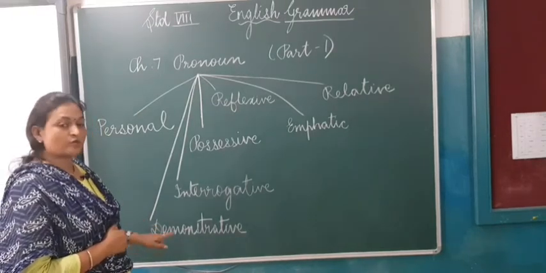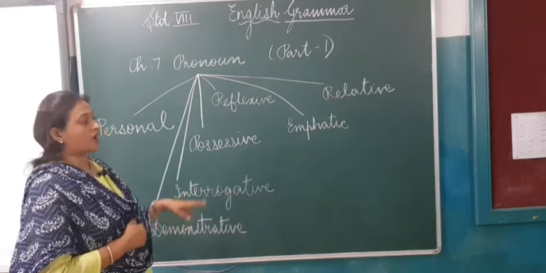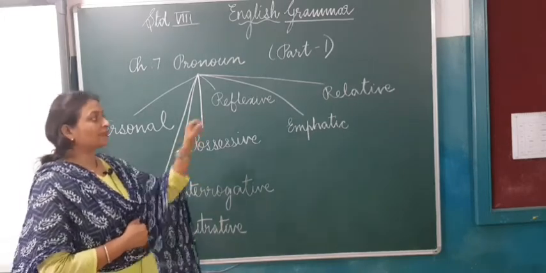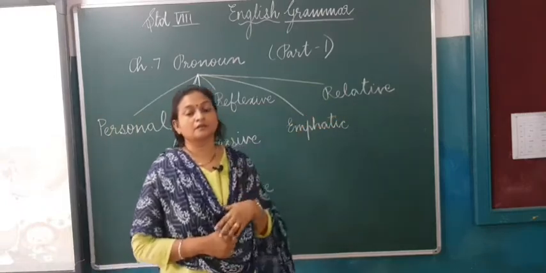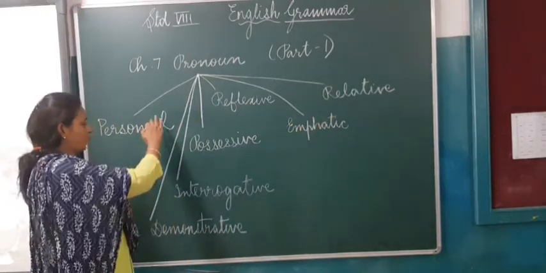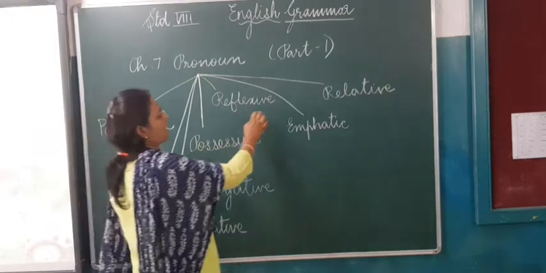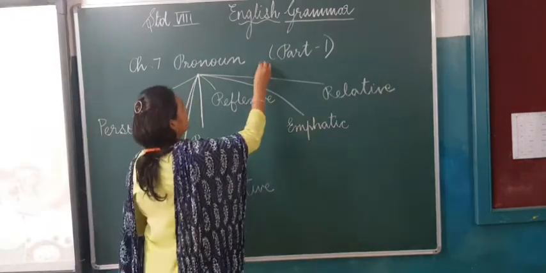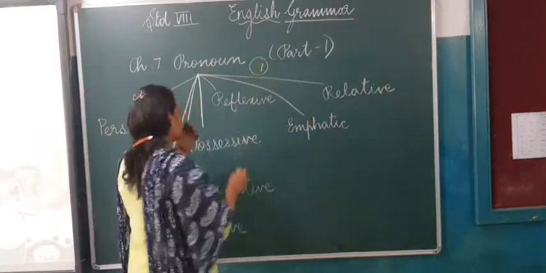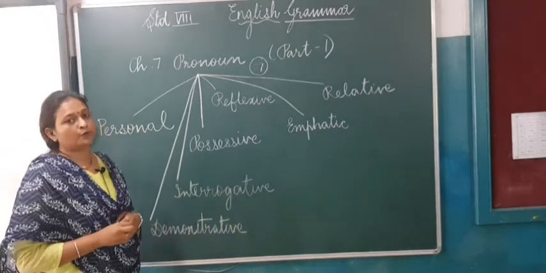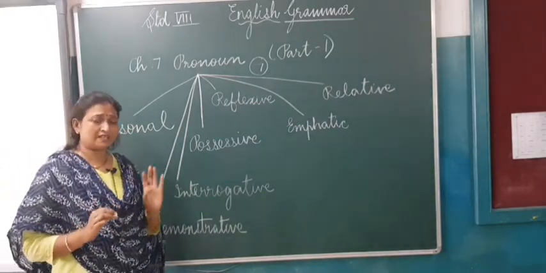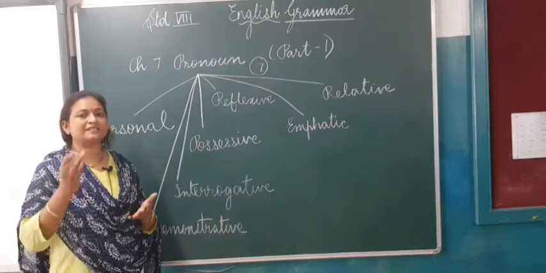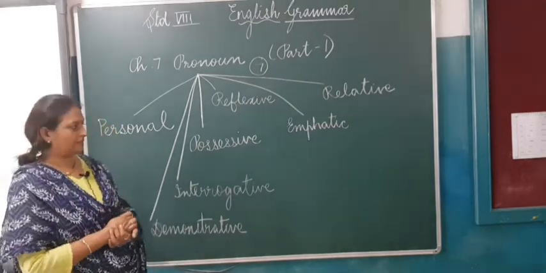We have demonstrative pronoun, interrogative pronoun, possessive pronoun, reflexive pronoun, emphatic pronoun and relative pronoun. So total how many? 1, 2, 3, 4, 5, 6 and 7. So we have total 7 different kinds of pronoun. I'll just give a brief introduction of these different kinds and then I'll be taking one in detail.